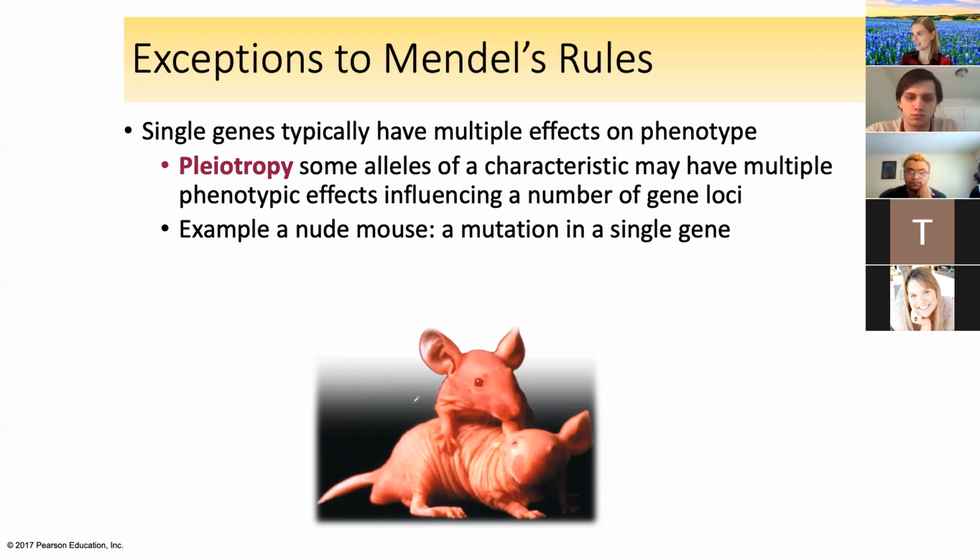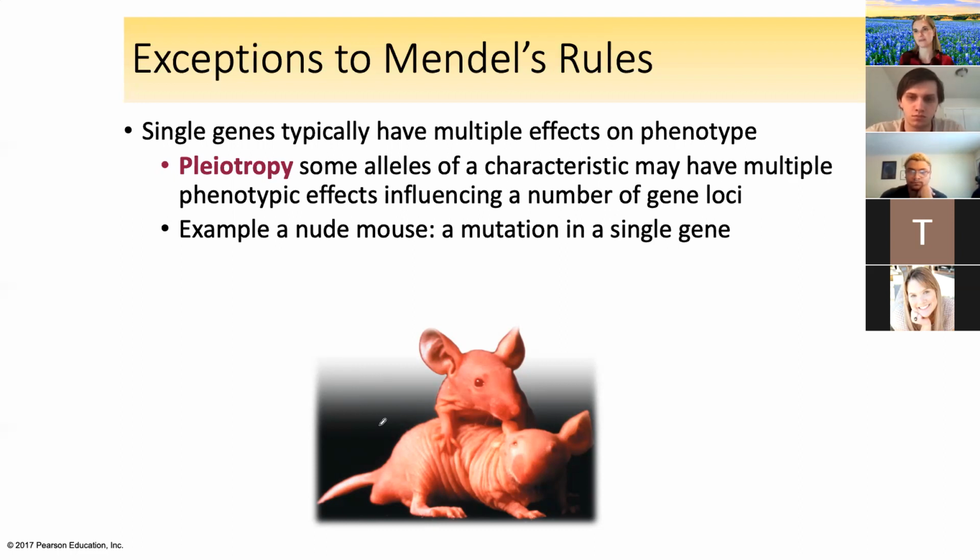So these little guys here are nude mice. These are the mice I used in my research as a graduate student. And the allele that had been manipulated was one that dealt with their immune system, so that they wouldn't reject cells from other organisms. So you could put human cells into a mouse and they wouldn't reject it.